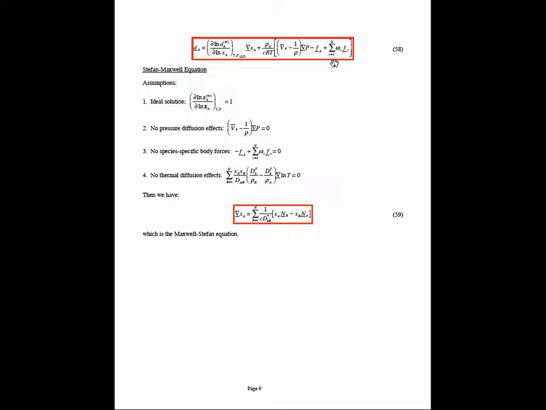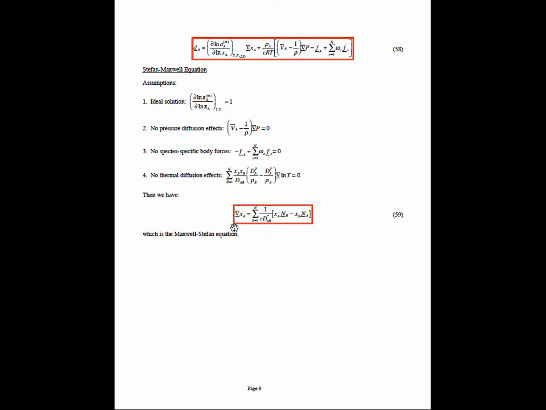What you'll often see in textbooks is a simplified version of this reported as the Stefan-Maxwell equation, and the assumptions that lead to what you'll typically see in the textbooks are that the solution is ideal, so this activity term is equal to 1, that there's no pressure diffusion, so this term goes away, no species-specific body forces, so these last terms go away, and no thermal diffusion effects.